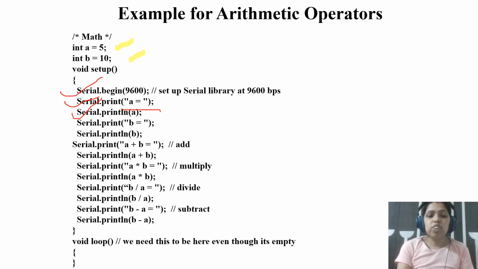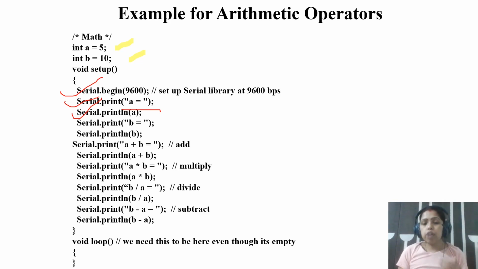Now suppose you want to do the summation. The arithmetic operators are addition, multiplication, division and subtraction. These arithmetic operators for Arduino are the same as the normal C arithmetic operators: plus for addition, asterisk for multiplication, slash for division and minus sign for subtraction. If you want to print A plus B as text, write it within inverted commas, equal to.